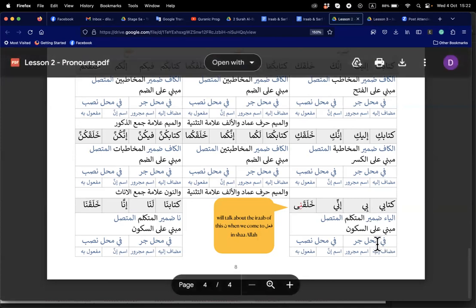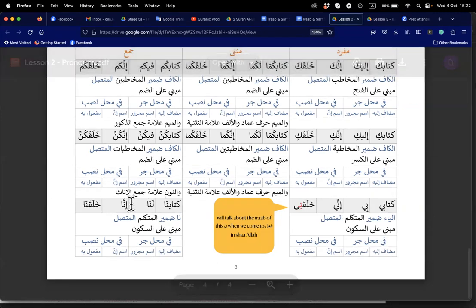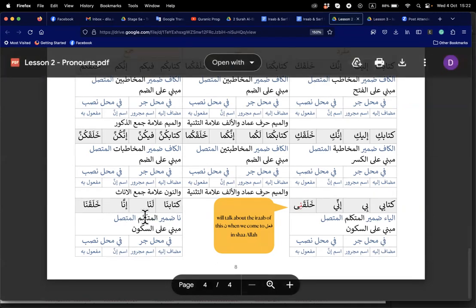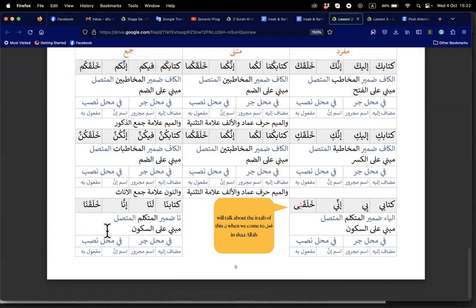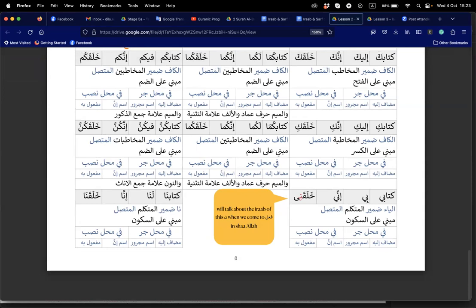And then fi mahalli jarr or nasb, what's the rule? Okay, and nahnu, same. Nahnu, naa, all the way. So dameer, again, mutakallim, muttasil, and then mabni ala sukun on the alif, then fi mahalli jarr or fi mahalli nasb. Clear, everyone, inshallah?